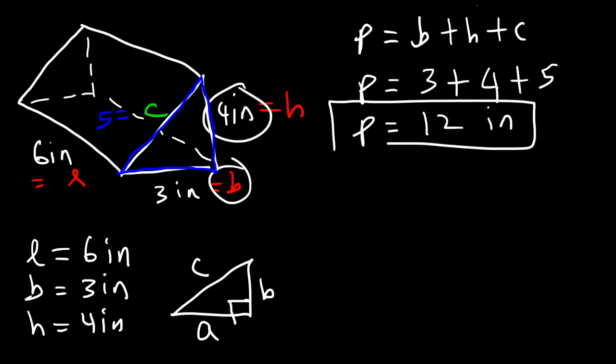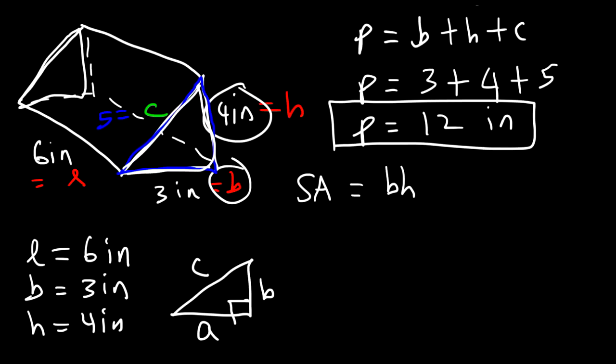Now that we have the perimeter, we can calculate the surface area. The surface area is going to be the area of the base, which simplifies to base times height when you incorporate both triangles, not just one. So remember, it's 1/2 base times height, but there's 2 triangles, so 2 times a half is a whole. So it's going to be base times height, that's the area of the 2 triangles, plus the lateral area, which is the perimeter times the length of the prism.